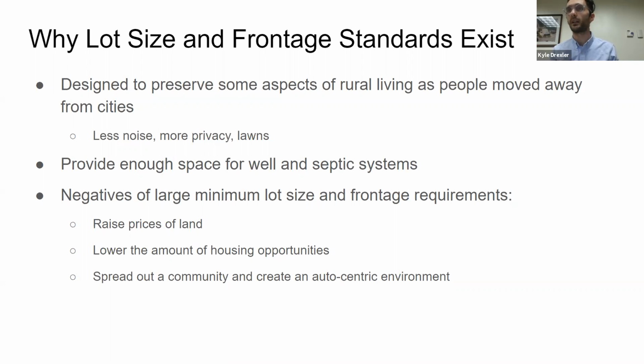So that's where a lot of the original minimum lot size requirements came from. Frontage could also have to do with access and separation of one building from another building. But as we've gone on and we have more areas in town with public utilities, water and sewer, some of those concerns aren't as big of a deal.